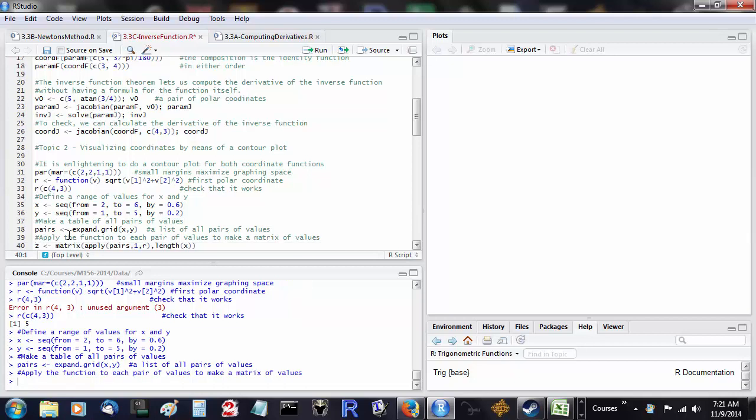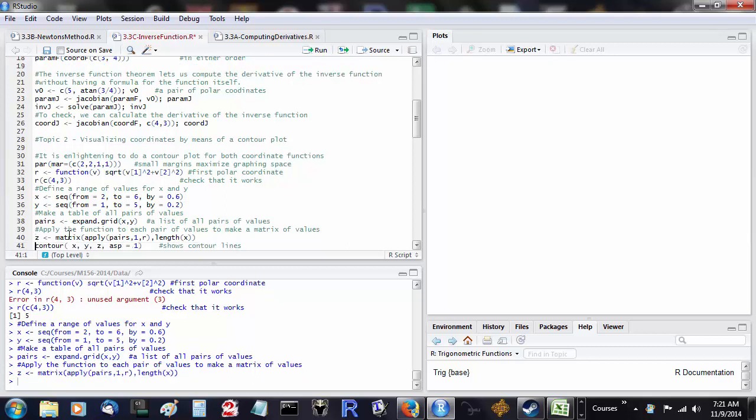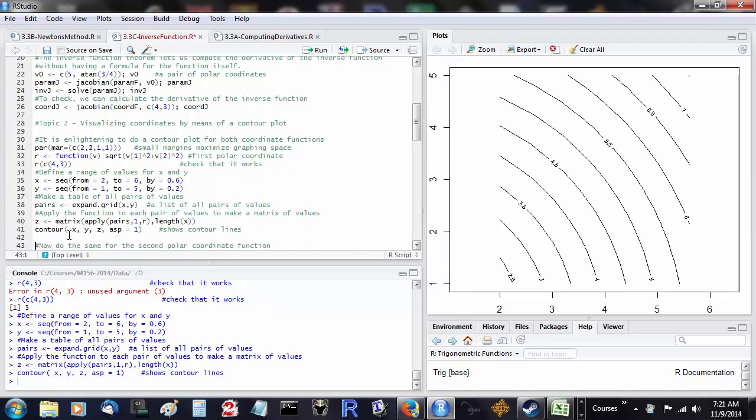And then we will use the function that makes a matrix out of these function values by applying the function r to all these pairs, and 1 means we're going to apply it to all the rows. Now we're set up for using the contour function, and there are our contour lines.